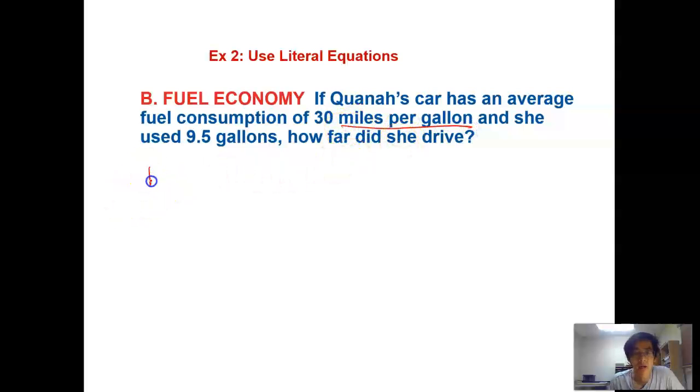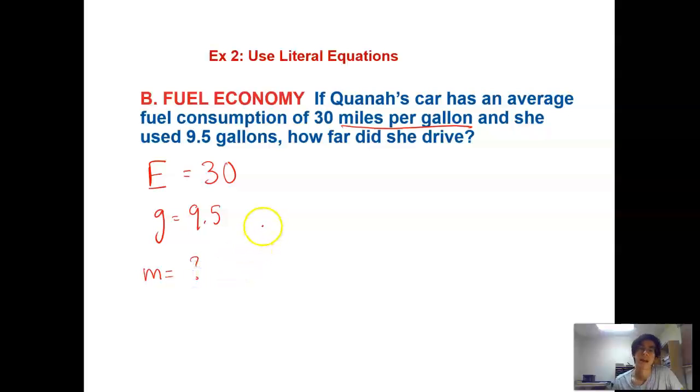So that's the capital E, and that I'm going to say is 30. Now what was the variable for G? That is the number of gallons, and the gallons is 9.5 gallons.